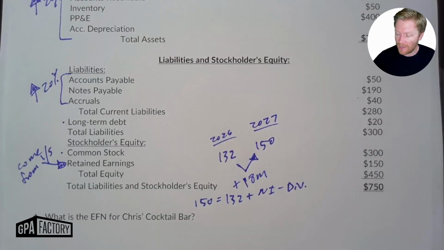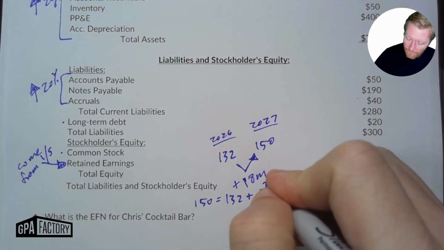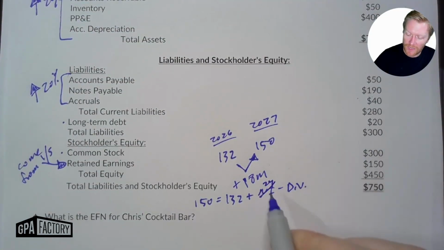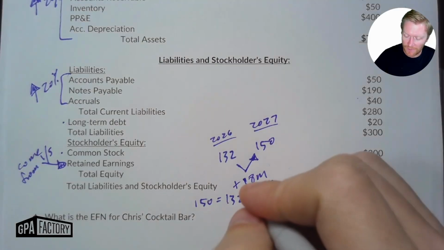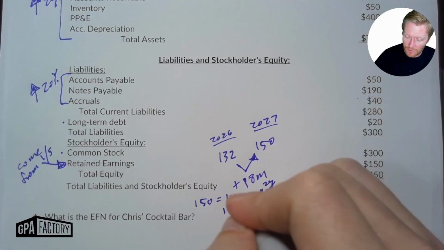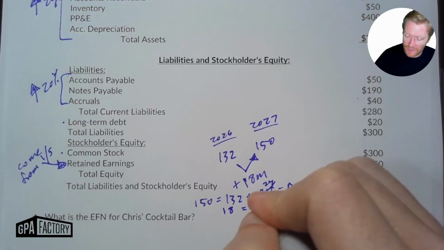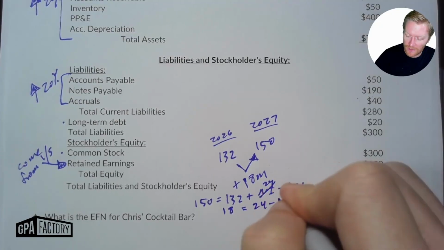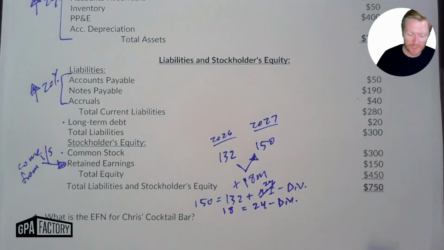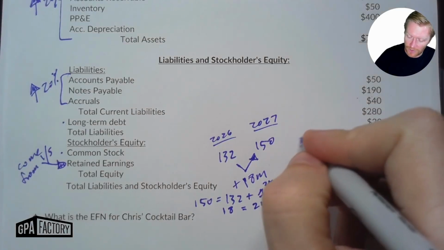So really our net income of 24 million means that we can calculate what our dividends are if the overall was an increase of 18 million. I'm just subtracting 132 from each side. We got 18 equals 24 minus our dividends that were paid out. That means that the dividends paid out were 6 million.